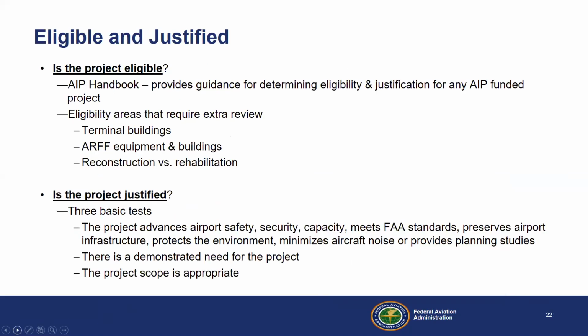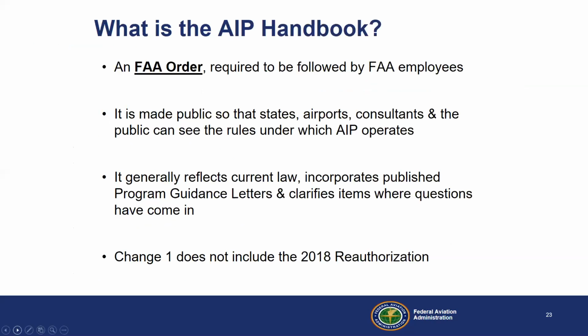So is the project eligible and justified? Most of that is defined in the AIP handbook. There are many pages and tables that go through eligibility and justification within the AIP handbook. That is a whole different class we could teach. As I mentioned, the AIP handbook is an FAA order.